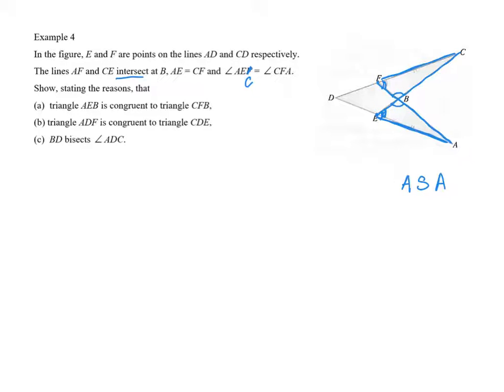Now, in this case, I already have two angles and one side. The one that we actually learned is we must have the side that is in between the two angles. But in this case, take a look. I know angle AEB, I know angle B. So, am I able to find angle A to be equal to angle C? Yes.